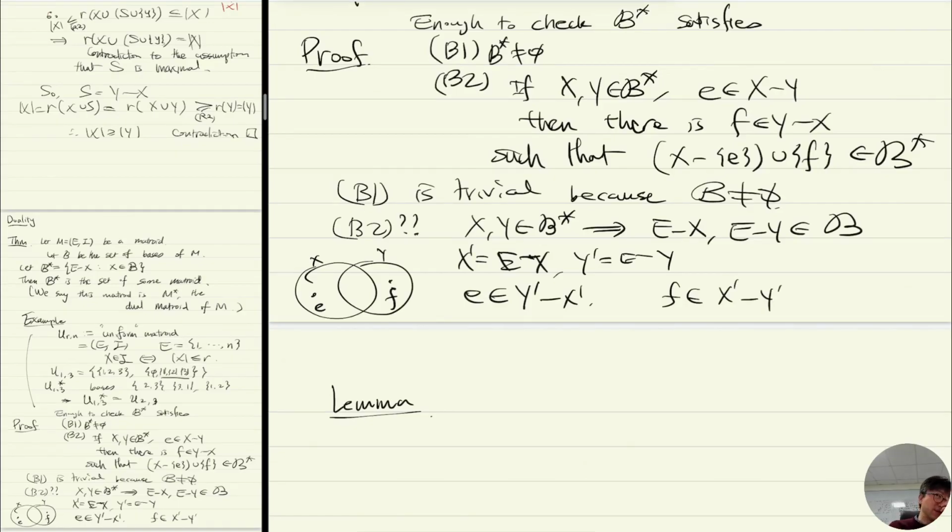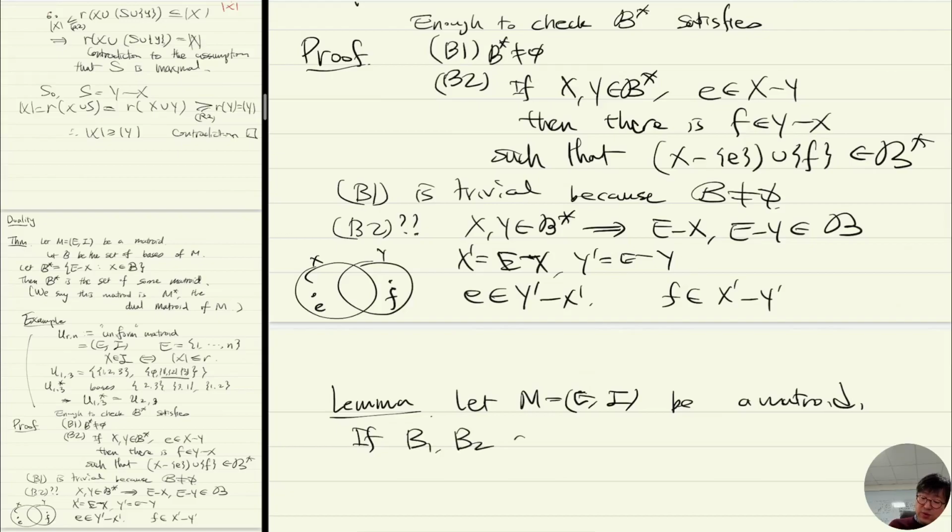So that means we need to prove the following. Let M be a matroid, and maybe it's better to use B1 and B2 so that people are less confused.